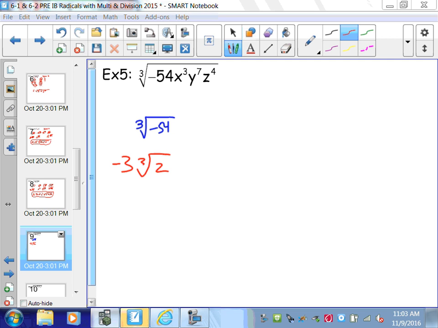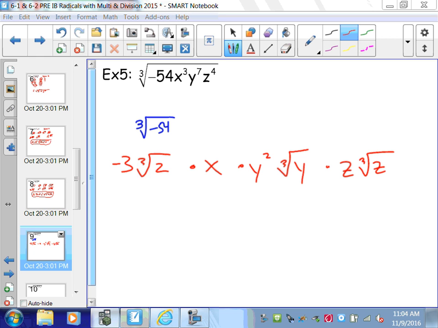3 goes into x to the 3rd how many times? Once. 3 goes into 7 twice with 1 left over. So y squared cube root of y. And 3 goes into 4 one time with a remainder of 1.